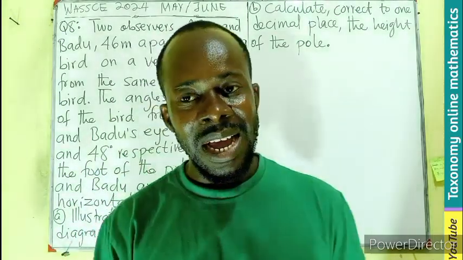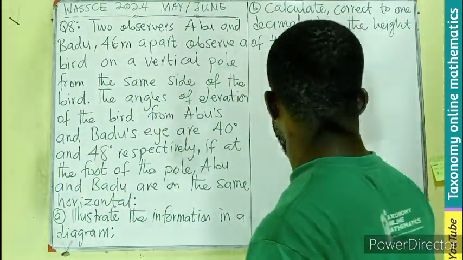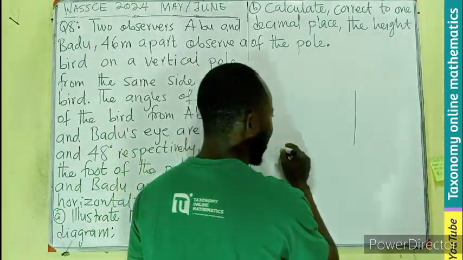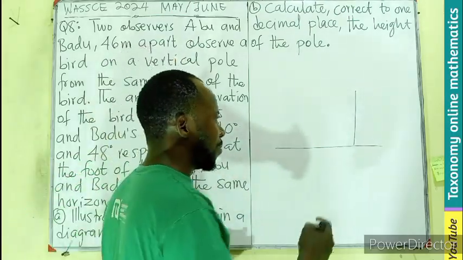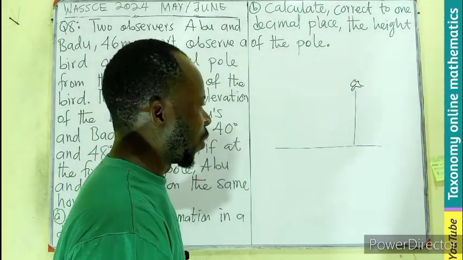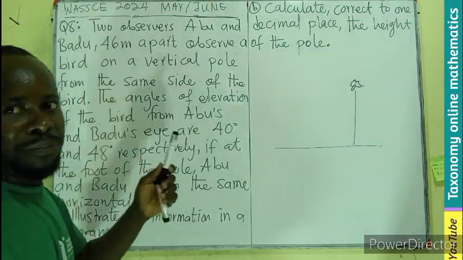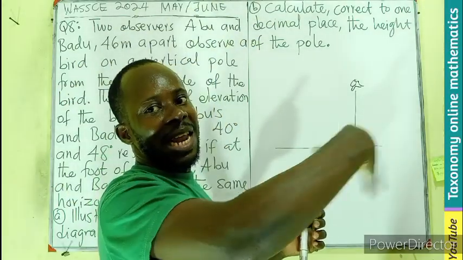Obviously this is an application of what? Trigonometry. So let's make a sketch. If this is the pole, it will definitely be on the ground, right? The pole will be on the ground. So the bird is going to be somewhere here. If two people are on the same side of the bird, let me just say the right and the left.